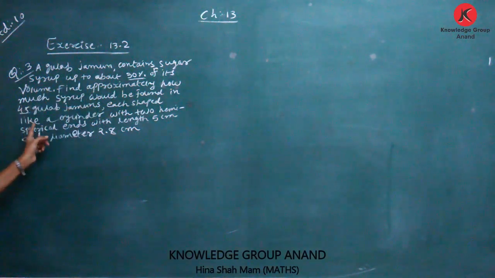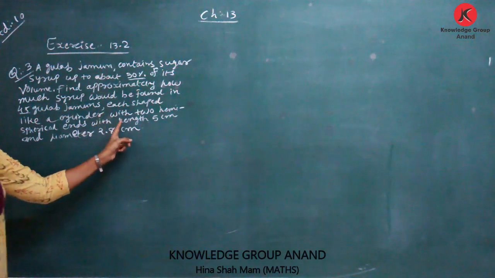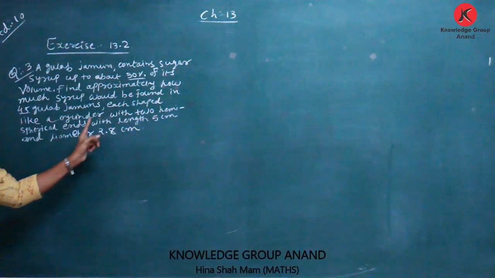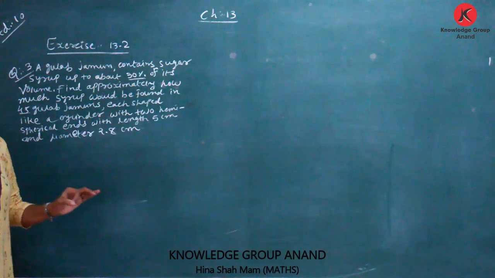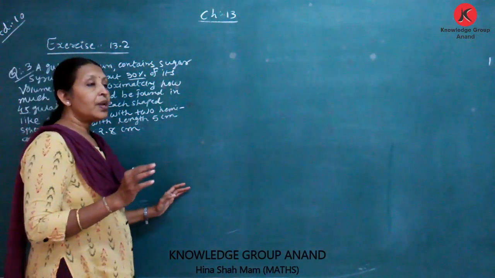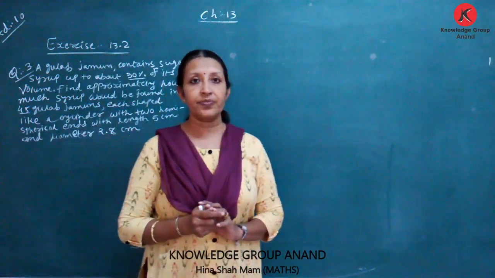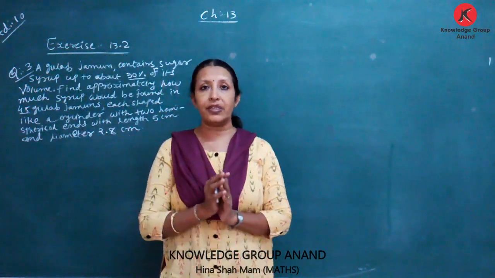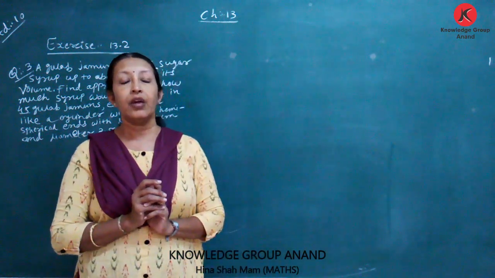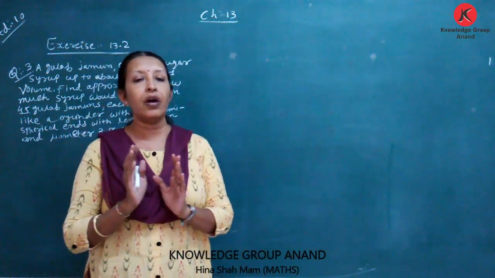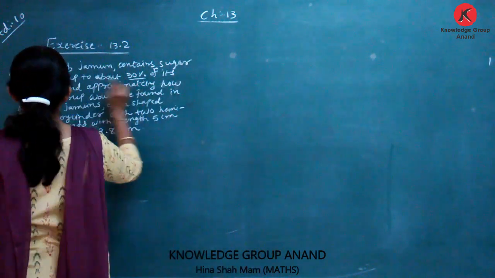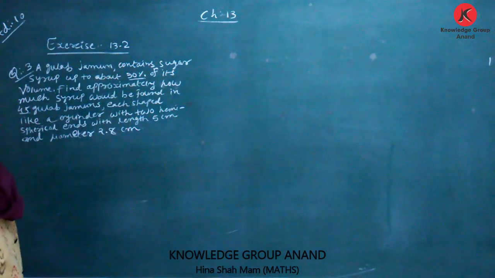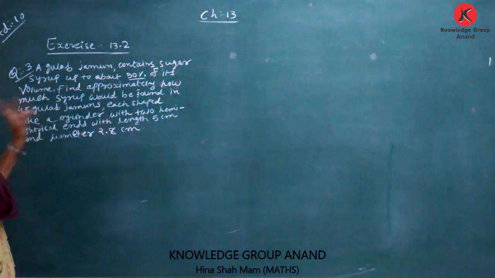The 45 gulab jamuns are each shaped like a cylinder with two hemispherical ends, with length 5 cm and diameter 2.8 cm. The 45 gulab jamuns contain syrup that is 30% of their volume.